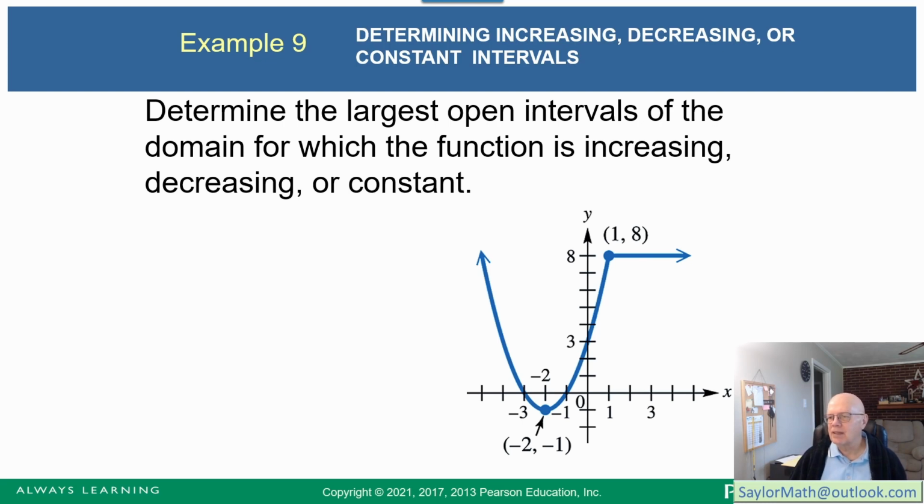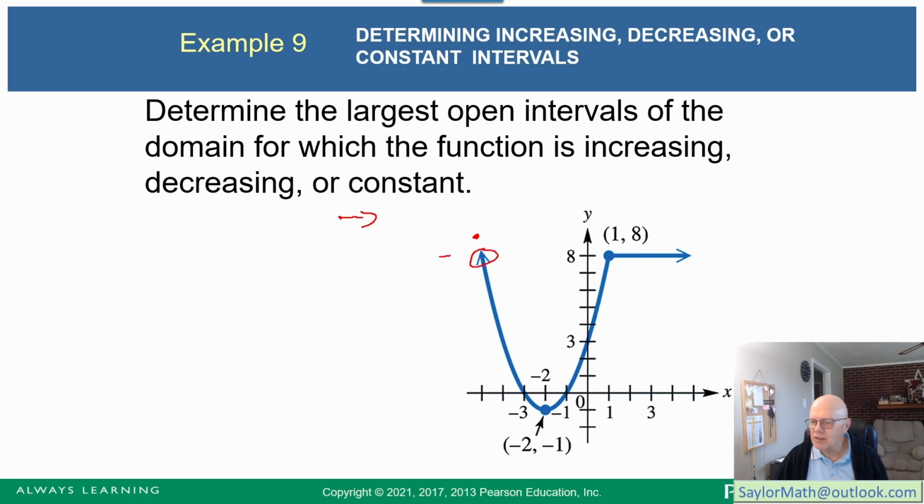So let's take a look at this one. This is a good example that you can use and see where the function is increasing, decreasing, or constant. So let's start from the left and move to the right. If I start right here, what's happening as I travel along this curve? Well, the y values are getting smaller. And where does this start?